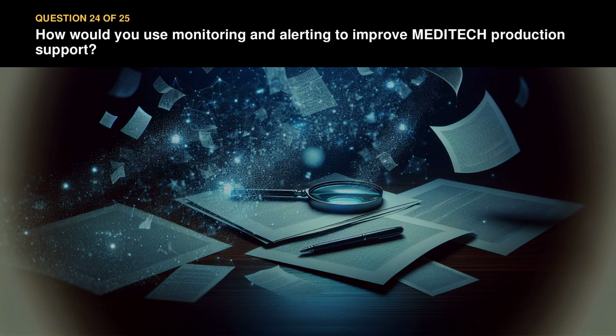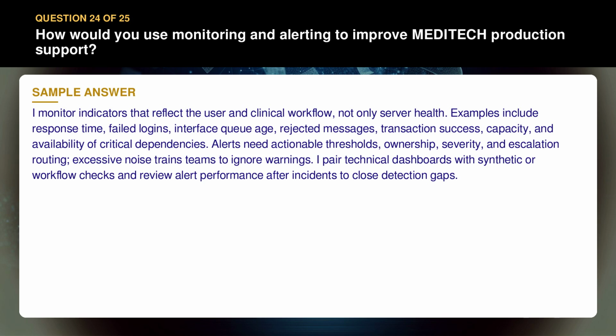Question 24. How would you use monitoring and alerting to improve MEDITECH production support? I monitor indicators that reflect the user and clinical workflow, not only server health. Examples include response time, failed logins, interface queue age, rejected messages, transaction success, capacity, and availability of critical dependencies. Alerts need actionable thresholds, ownership, severity, and escalation routing.